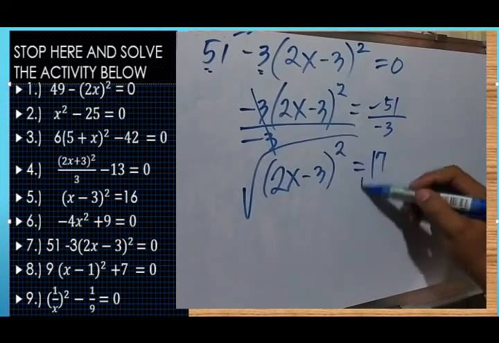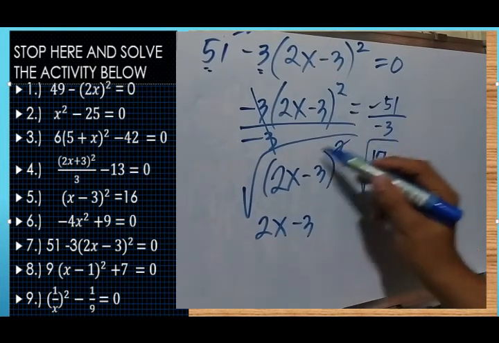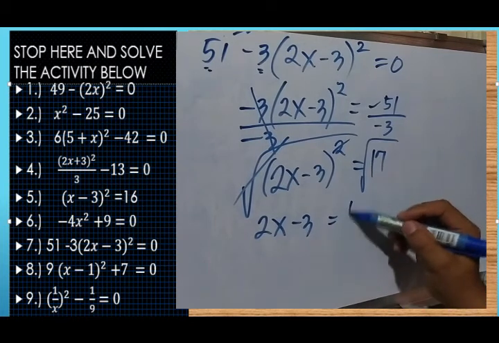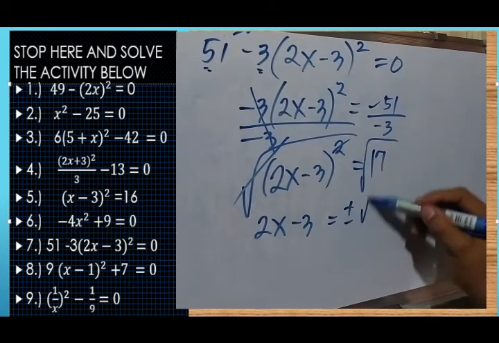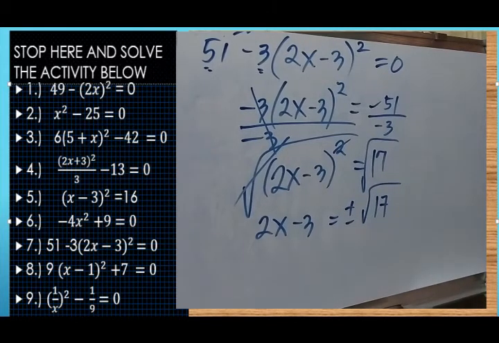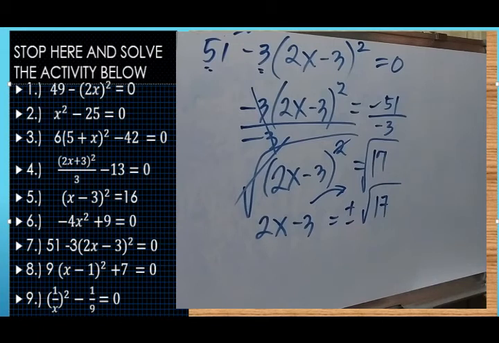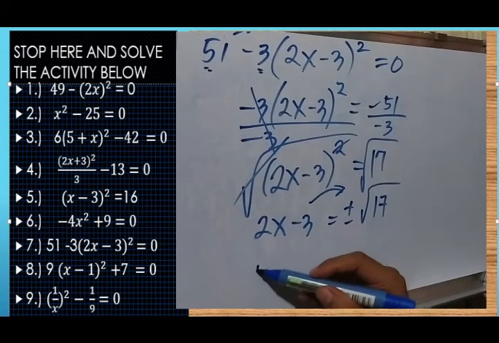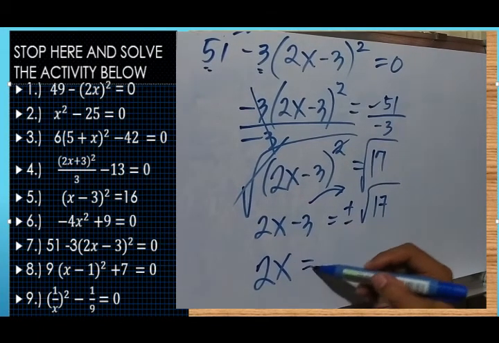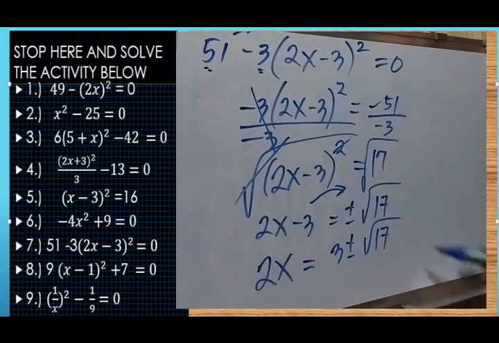Then extract the square root of both sides. We now have 2x minus 3 is equal to positive negative square root of 17, since 17 is not a perfect square. Next, you transpose negative 3, meaning you add 3 on both sides. So what remains is 2x is equal to 3 plus minus square root of 17.